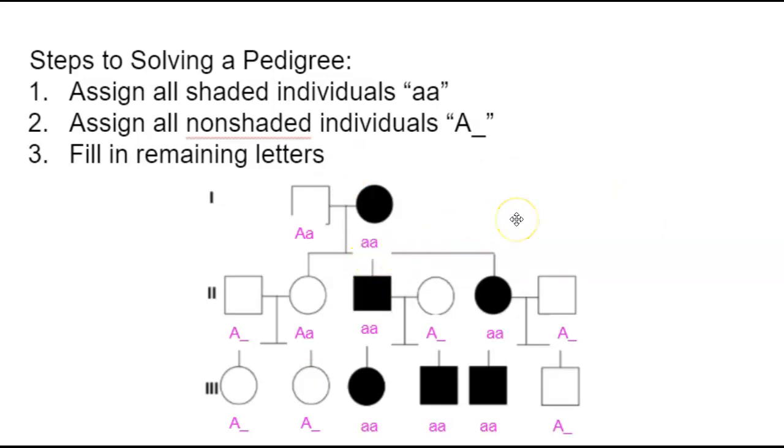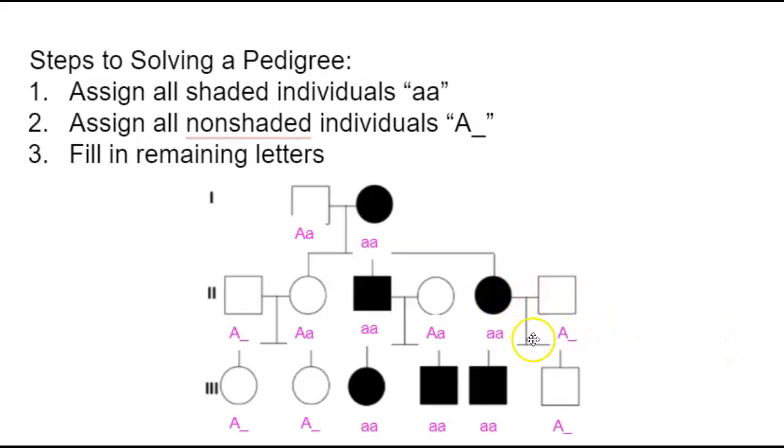All right, let's go over, we can go to the middle here. We know that these two parents have two kids that both have cystic fibrosis. So this kid's got two little a's, which means one little a has to come from here. One little a has to come from this parent. So this parent has to be big A, little a, so they can give a little a to their kids.